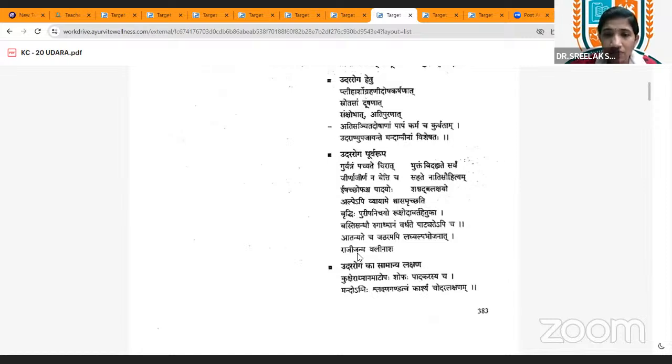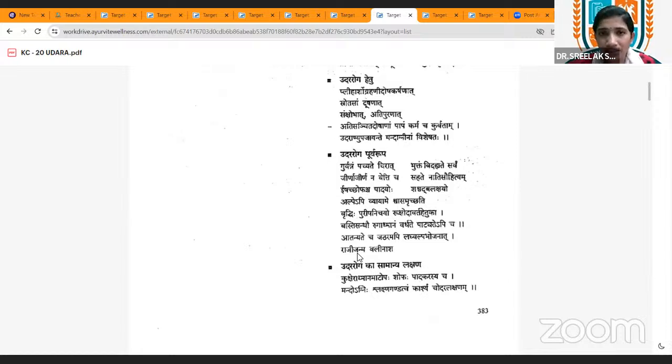So Raji Janma Vali Nasham can occur as a Purva Rupa of this Udara. And coming to the Udara Roga Samanya Lakshana: Kukshir Admanam Adoba and Shofaha Pada Karasyacha Mandagni Shlekshna Gandatvam Karsham Chodara Lakshana. The Samanya Lakshana is very important.